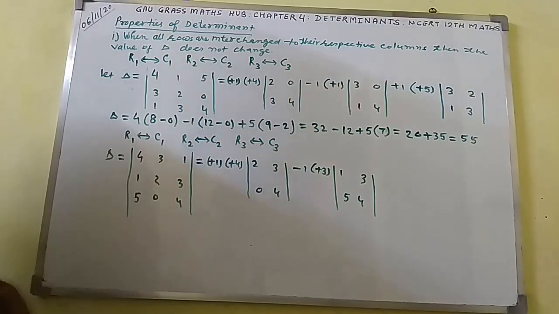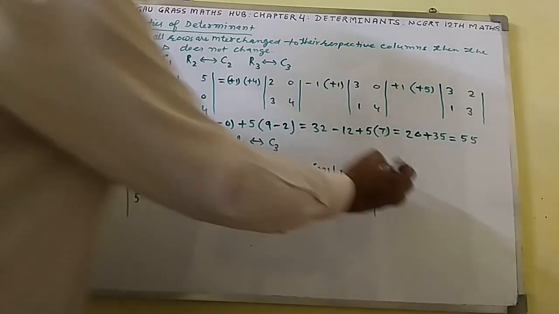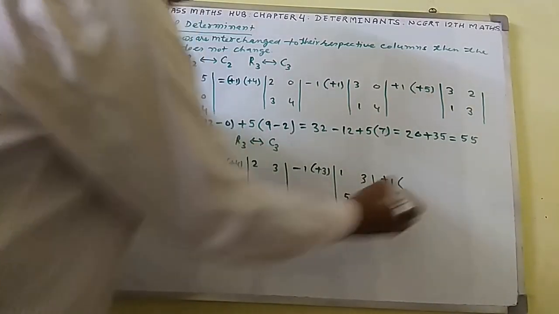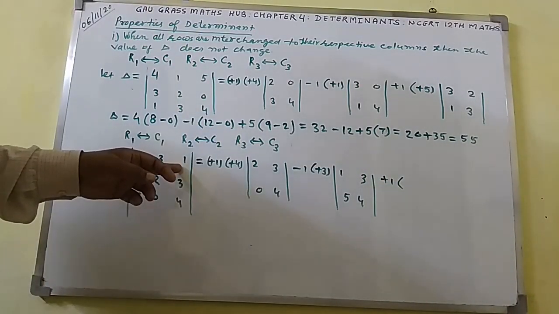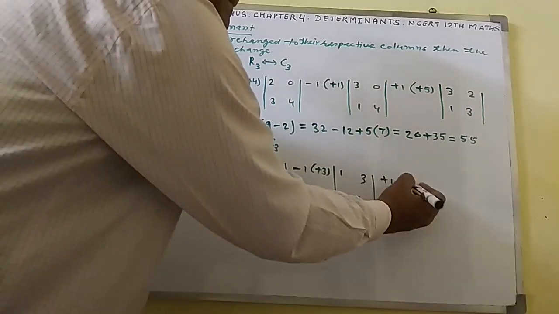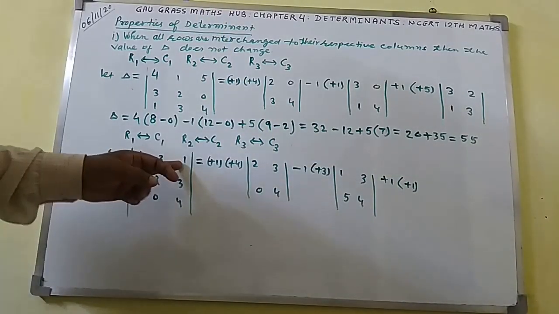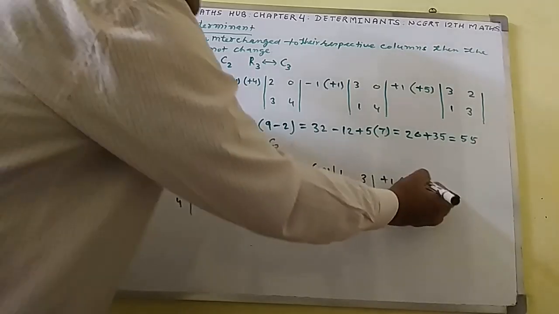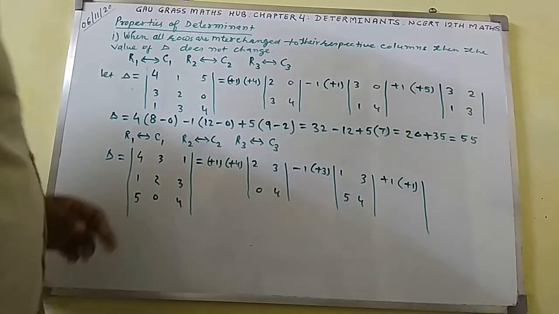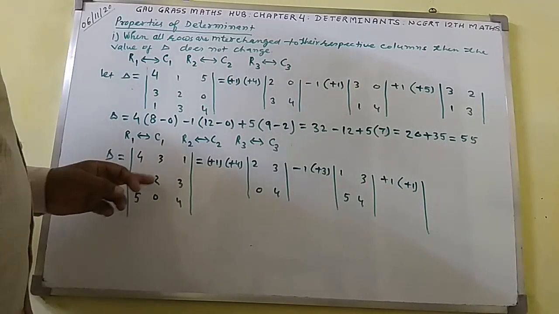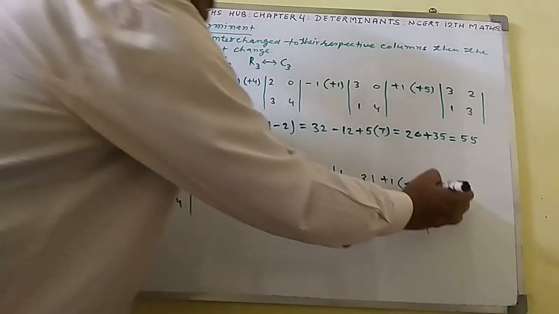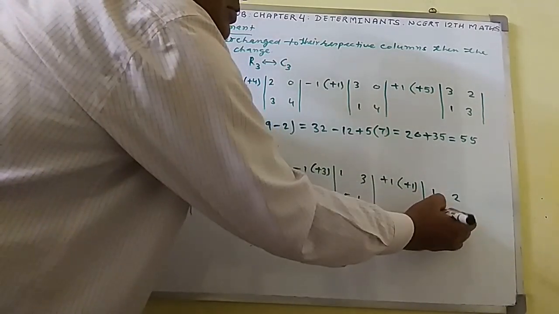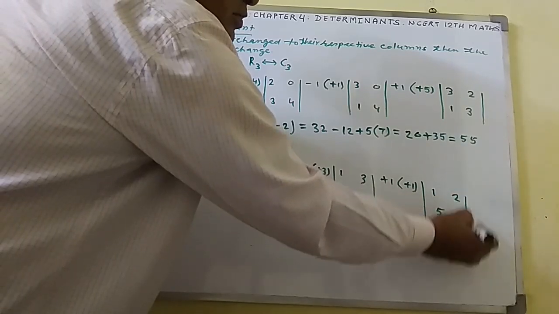Now here plus 1. The minor of plus 1 will be 1, 2, 5, 0. Here write 1, 2, 5, 0.